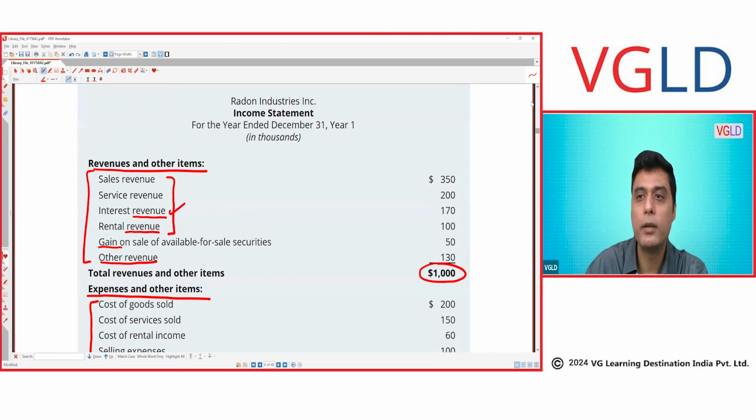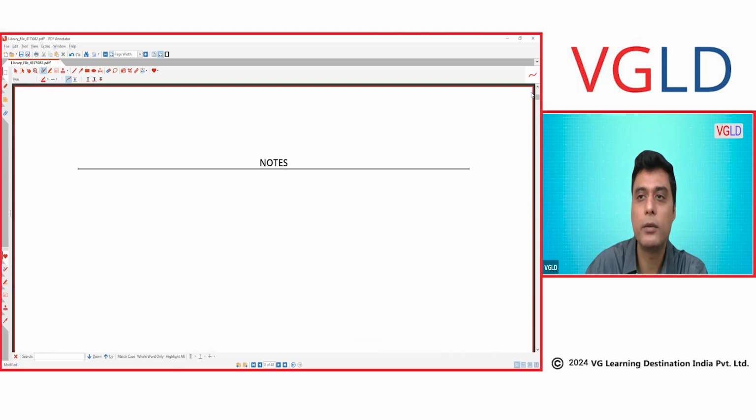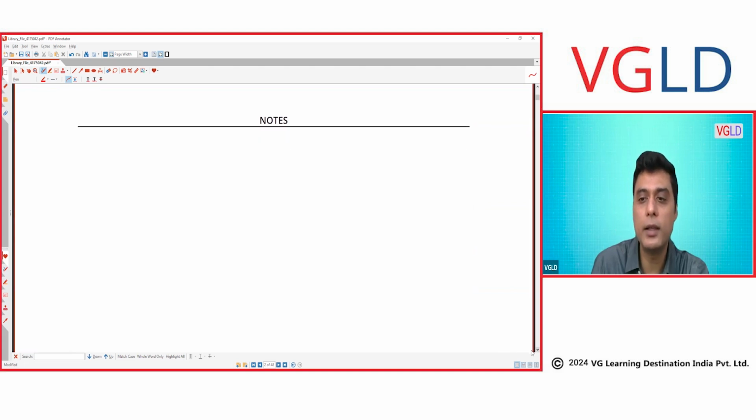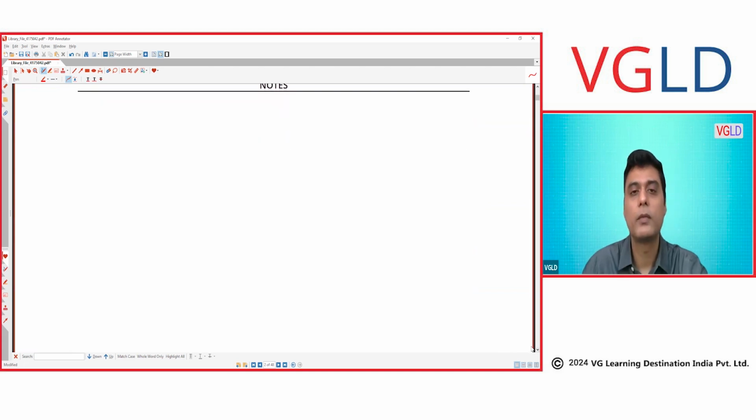No space to write. Okay, I can write here. All right. So discontinued operations. Let's understand the concept first. Then we'll go through the module.